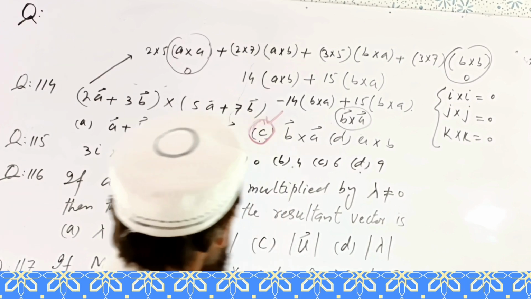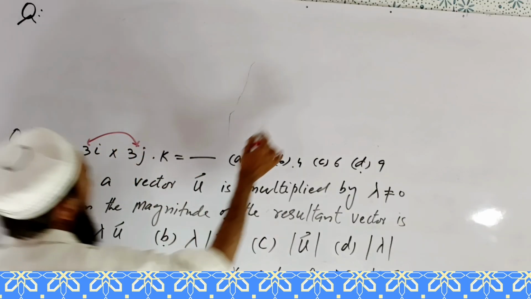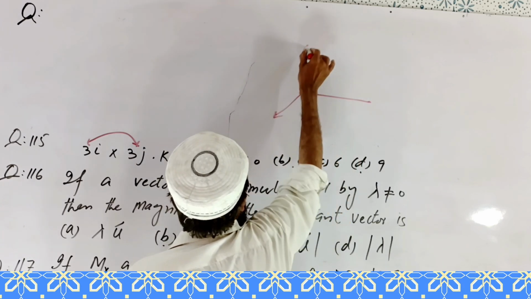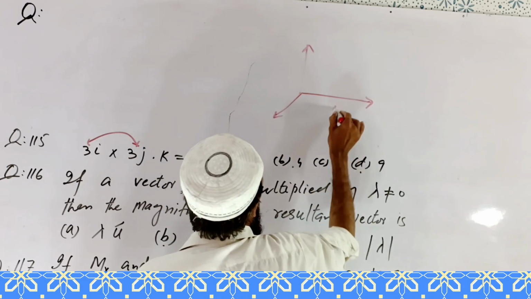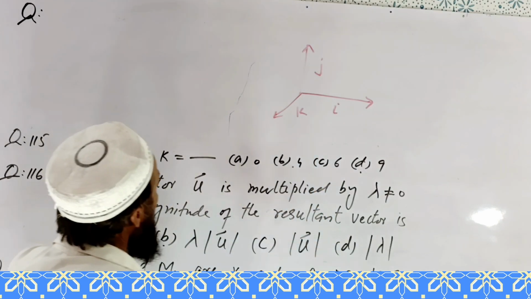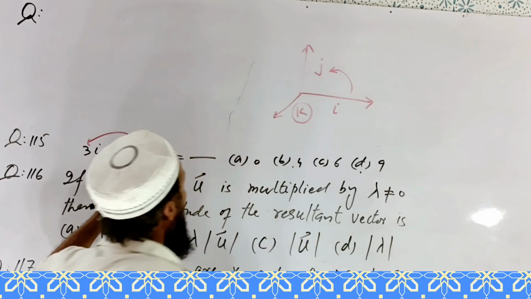If we are applying cross product on these two, according to this definition, look here, this is i, j and k, and here i cross j, so the result will be k.